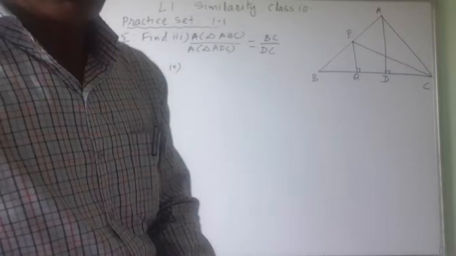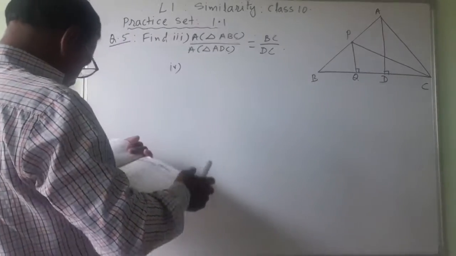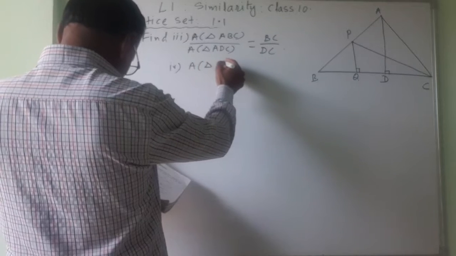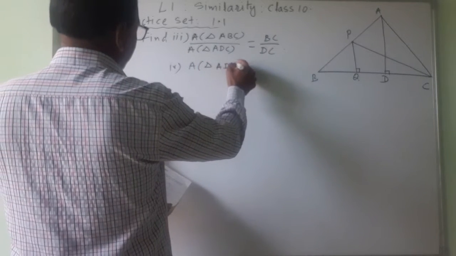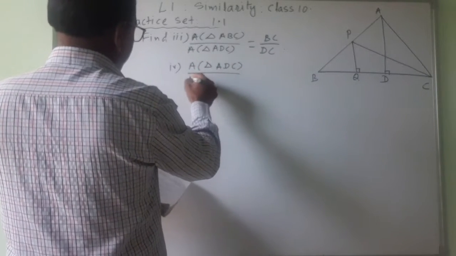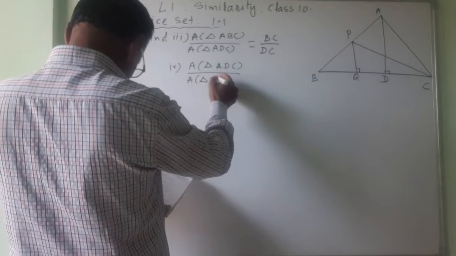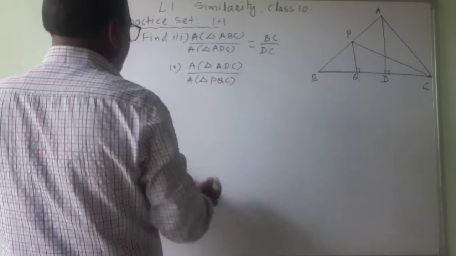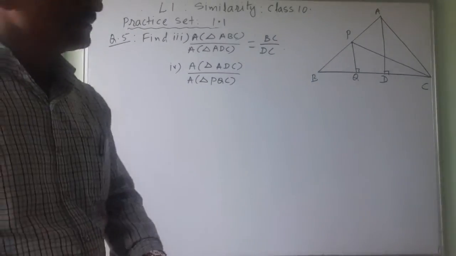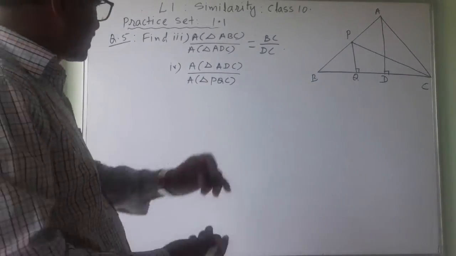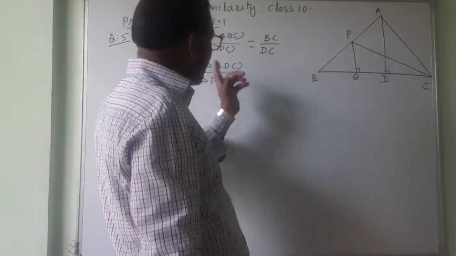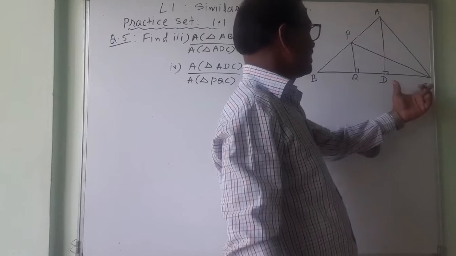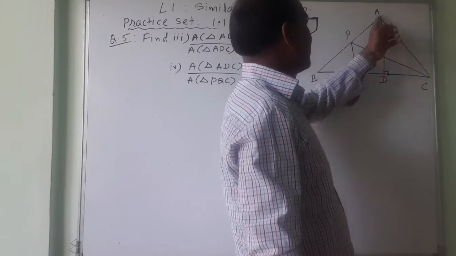This I have discussed and left it for you to complete. And the fourth one, that also I will complete. Area of triangle ADC upon area of triangle PQC. I will check the triangles. In ADC, base is DC, height is AD.